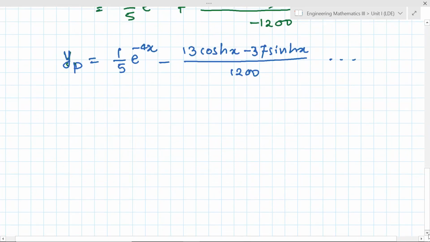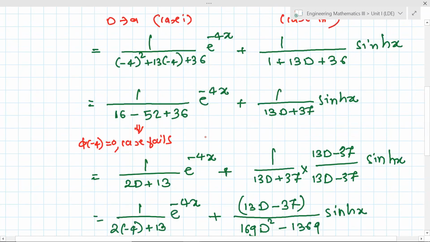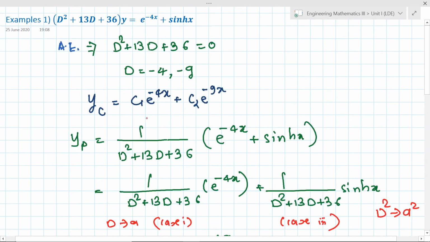If we are interested in the complete solution, so therefore y is equal to what? yc plus yp. What is my yc? C1 e raised to minus 4x, that we have in the earlier step. See this one.